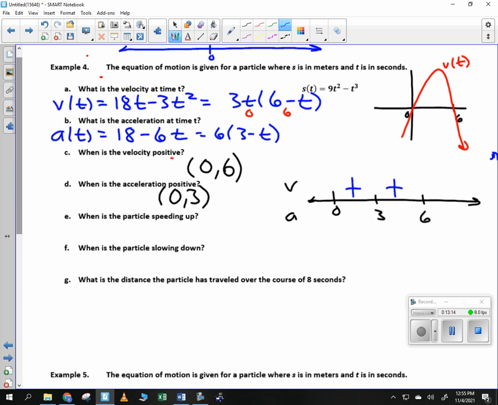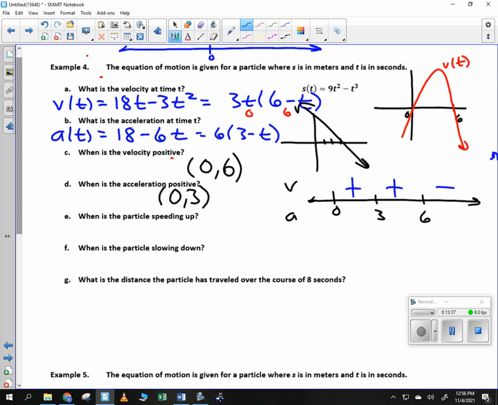Is the velocity positive or negative from 6 to infinity? Negative. Above, below, right? Okay, then we saw our other graph. Our other graph looked like this. Right, our acceleration graph that I drew, I kind of erased it by accident.